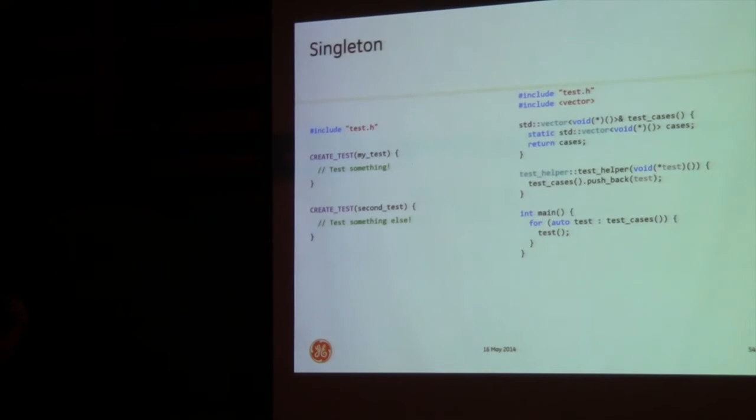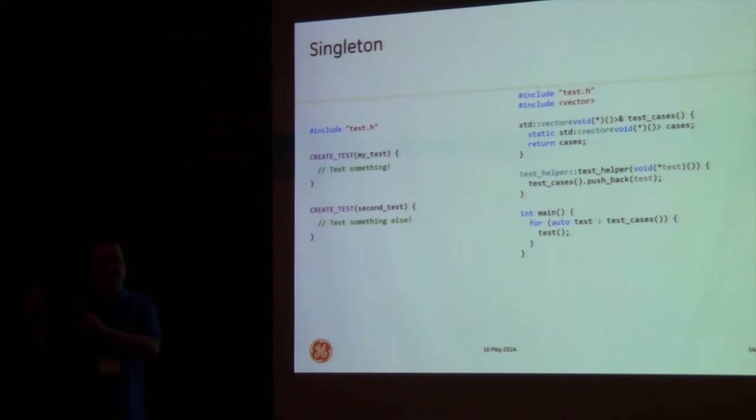So I'm going to do two implementations, one with the Myers singleton and one with the Schwartz counter. In this case, Myers singleton, we have our function test cases that returns a reference to the vector.